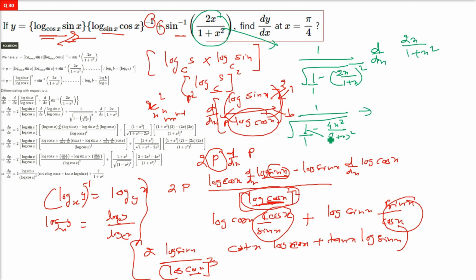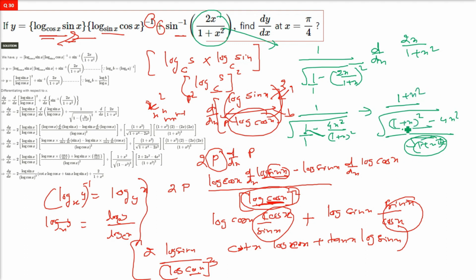Now this is going to be 1 by under root 1 plus x square and minus 4x square divided by under root 1 plus x square. And since it is in the under root and it is in the denominator, it will go up. So under root 1 plus x square whole square. So this will go in the numerator, and because it is square inside the under root, it will also get cancelled out. So what is the denominator?